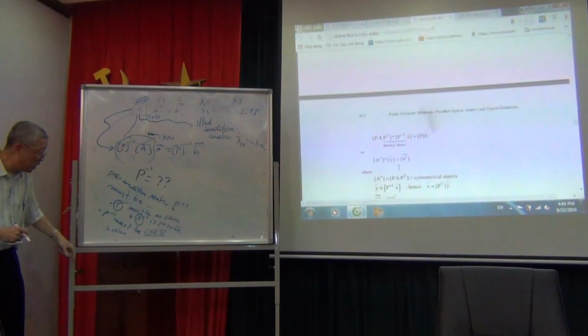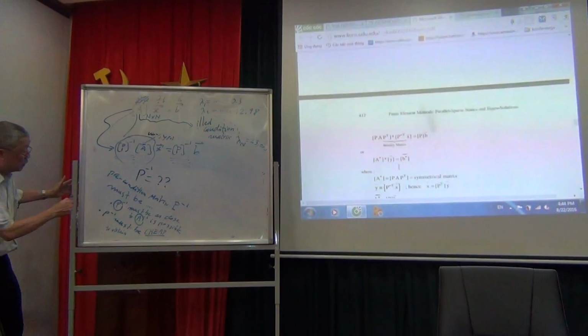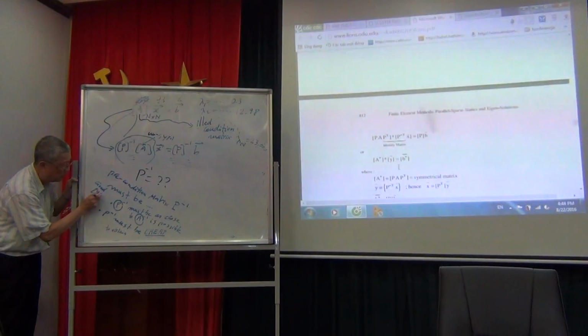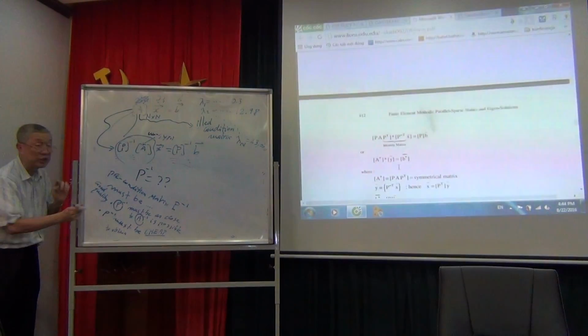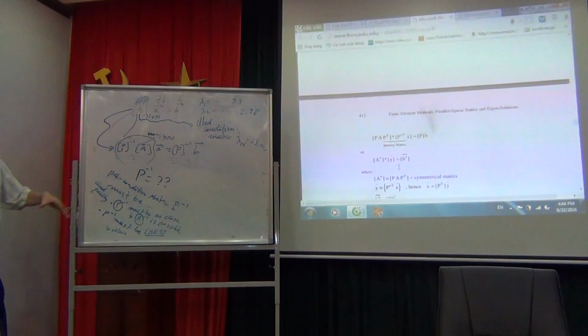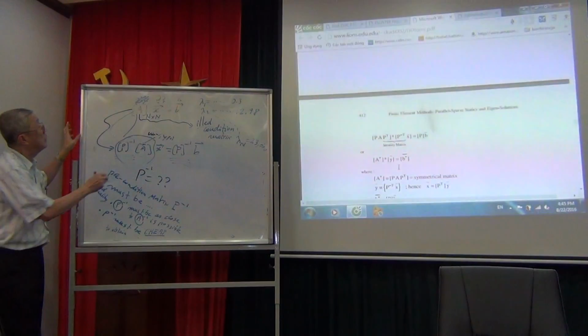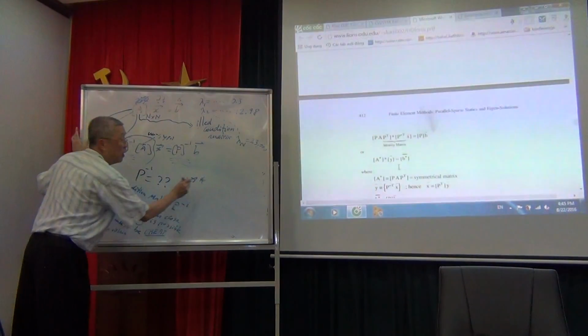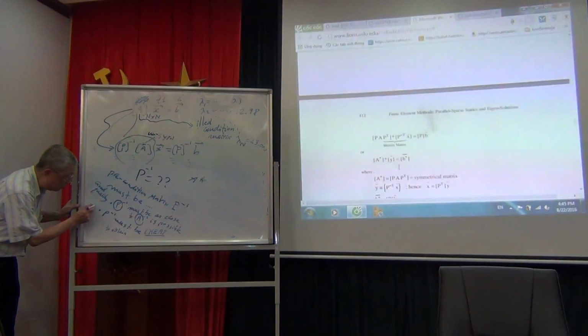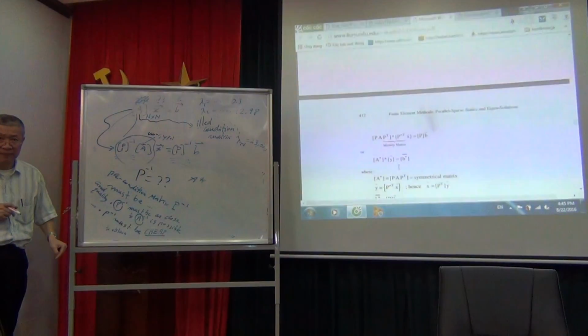The first criteria provides the so-called good quality. It will make sure that the new matrix A star will have a good condition number. It will guarantee that good quality. And the second criteria says it is cheap to obtain.